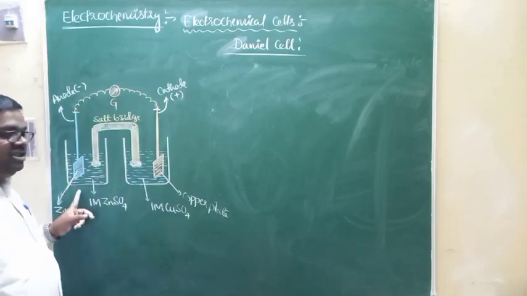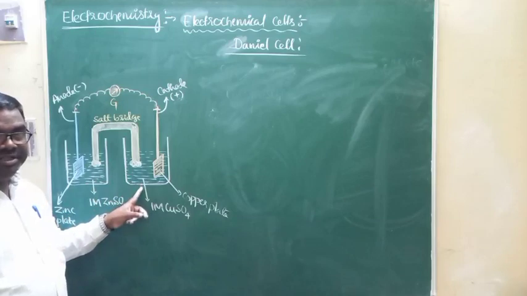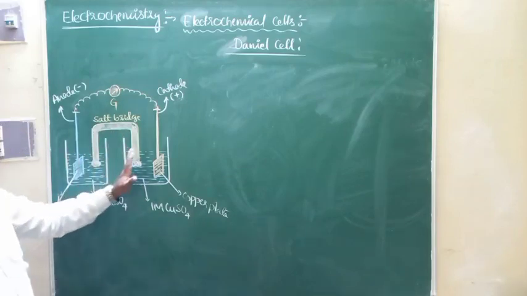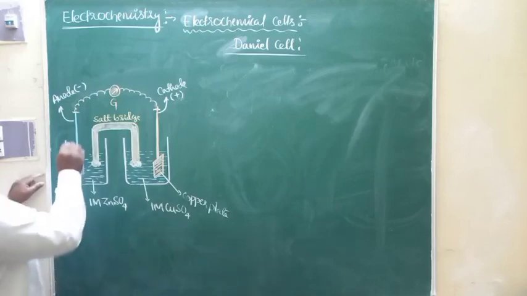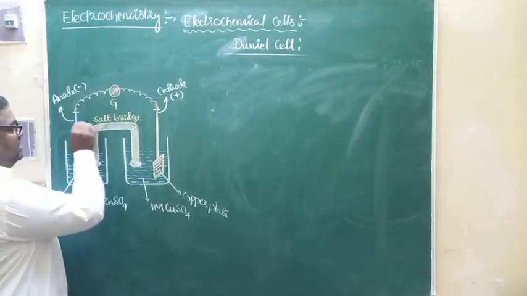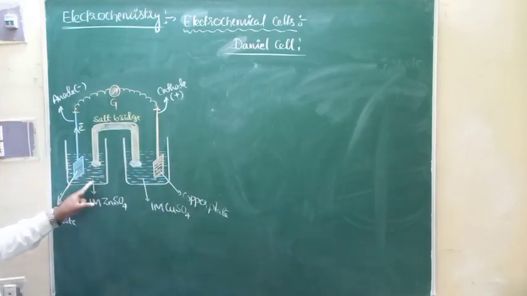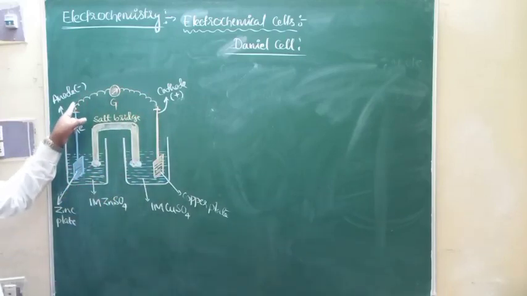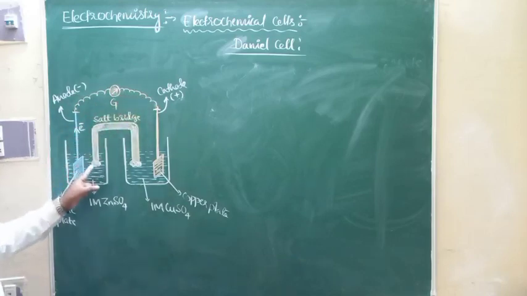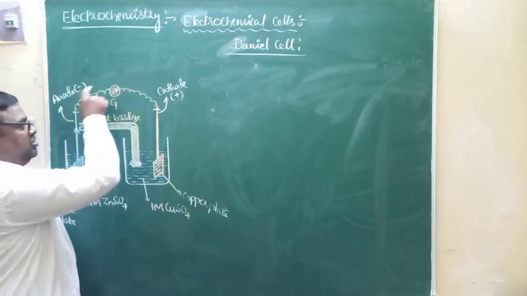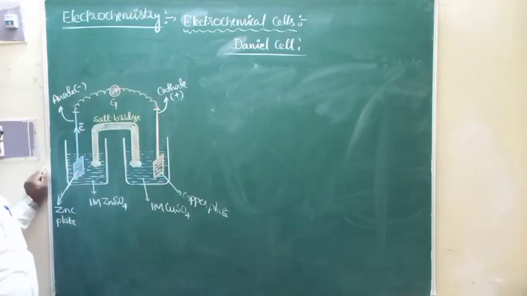When the zinc electrode system is connected to the copper electrode system, you get the Daniell cell. Once these connections are made, there is a spontaneous flow of electrons from the zinc electrode to the copper electrode system.